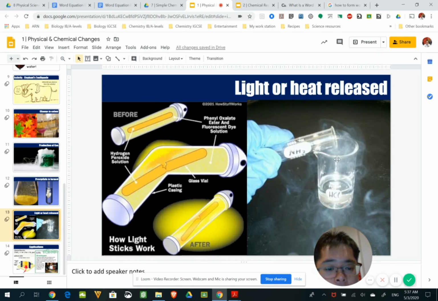Now you notice over here you have all the smoke, which is what we call effervescence. We'll talk about this in class if you're not sure of the new terms. Effervescence is spelled E-F-F-E-R-V-E-S-C-E-N-C-E.